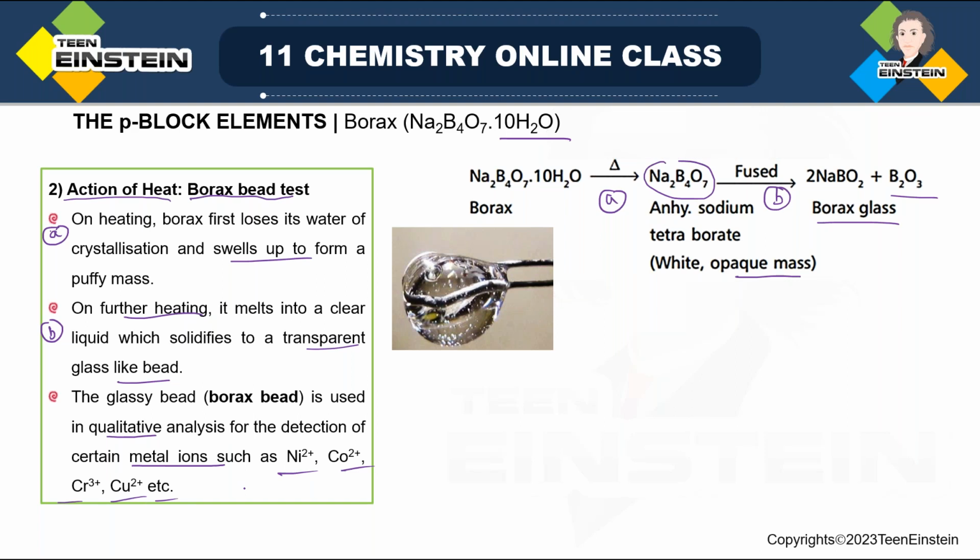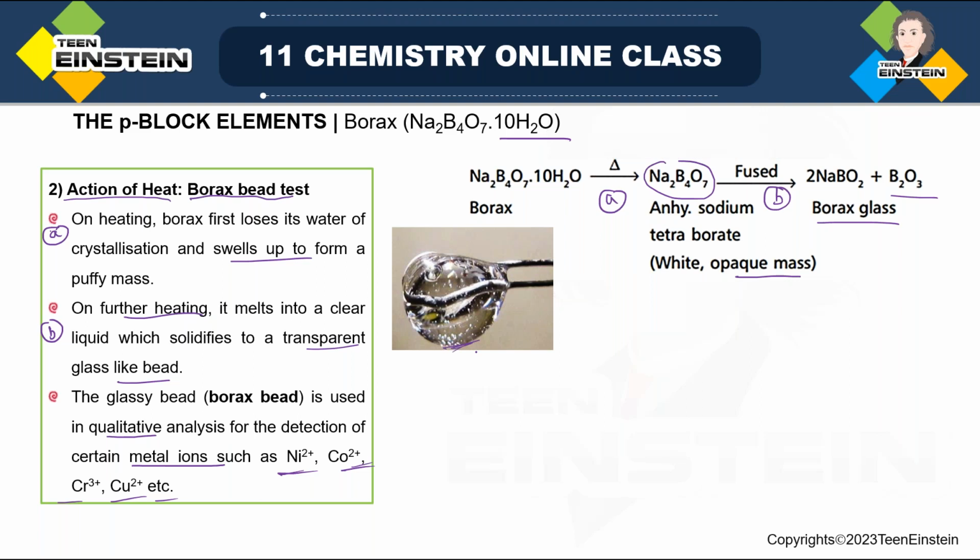Once you have formed this glass-like bead, you touch it with the sample and heat it again. Depending on which metal ions are there, there will be different color formation, and from the color we can predict whether this particular metal ion is present or not.